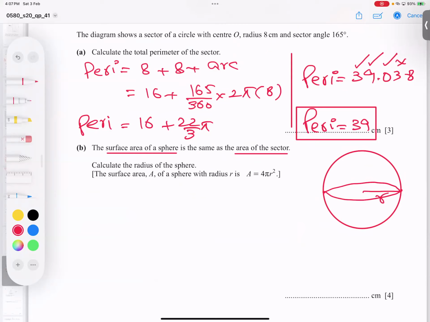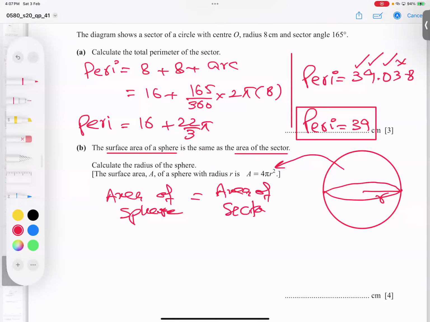And the complete surface area of a sphere is 4 pi r square. So I'm writing here area of sphere. The area of the sphere is equal to the area of the sector, 4 pi r square.